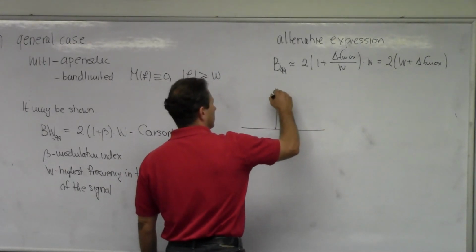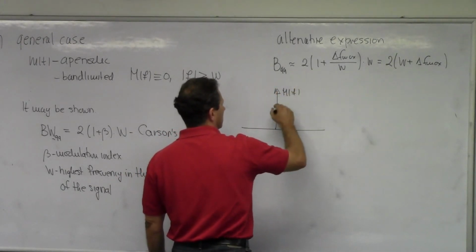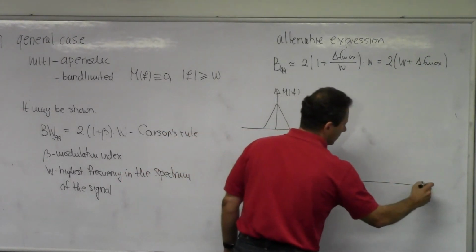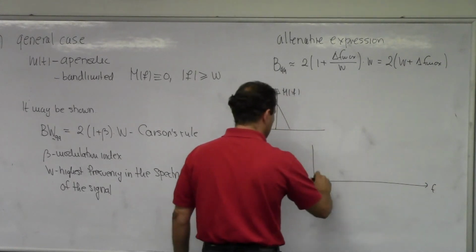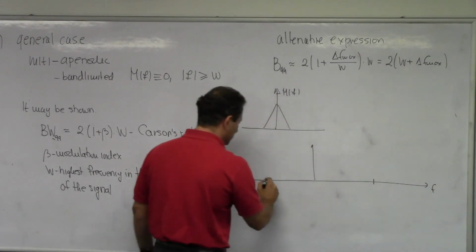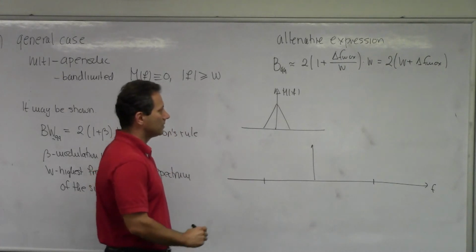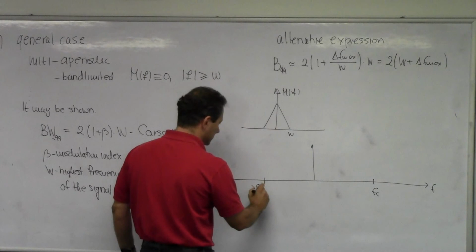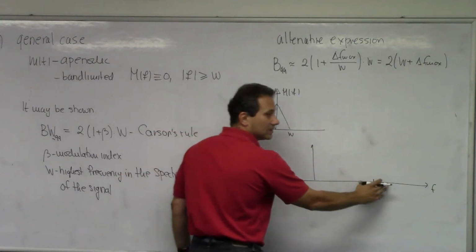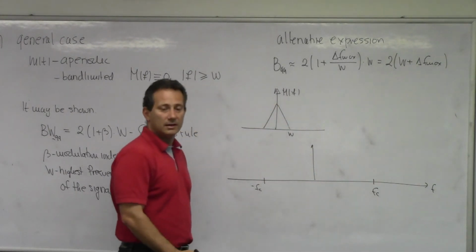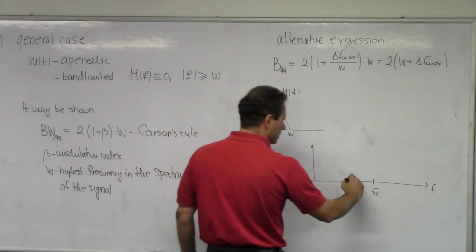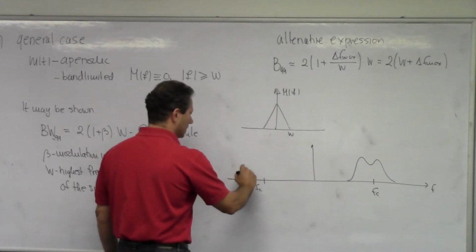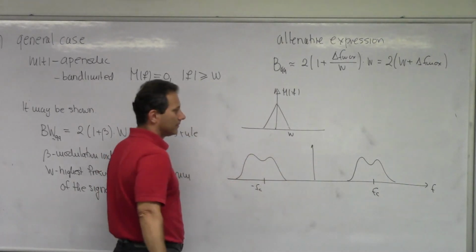Just pictorially too, if you were to have M of f look like this, then when you look at the FM modulated signal, the spectrum is indeed translated to the frequency of the carrier. So this is minus fc and fc. However, it's not the simple translation as I had in AM. The spectrum here is going to look different than at the baseband.